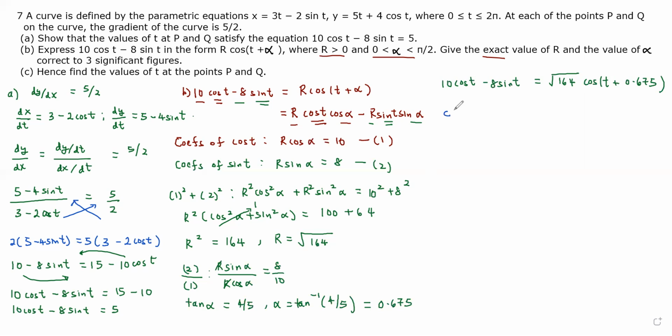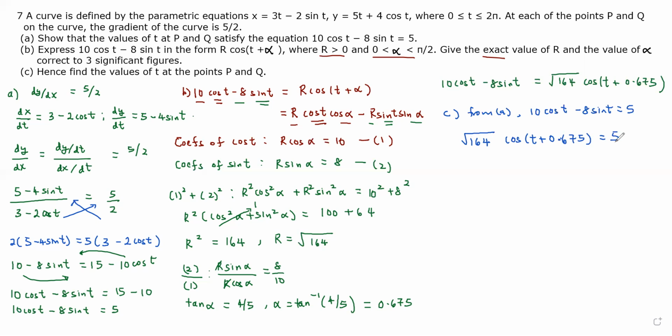That is part B. Part C, hence find the values of t at the points P and Q. At the points P and Q, 10 cos t minus 8 sine t is 5, from part A. And from part B, 10 cos t minus 8 sine t is square root of 164 cos(t plus 0.675), and that equals 5.